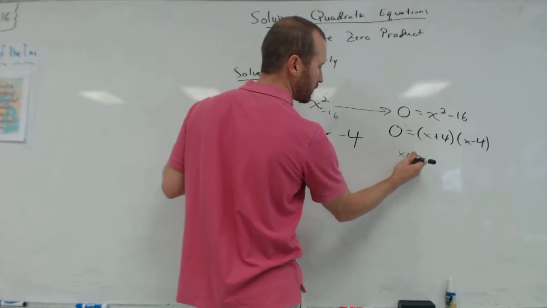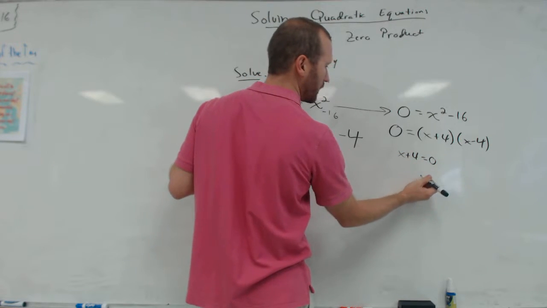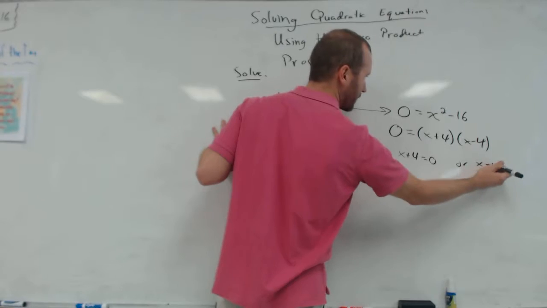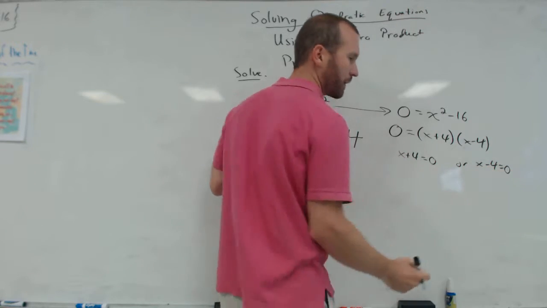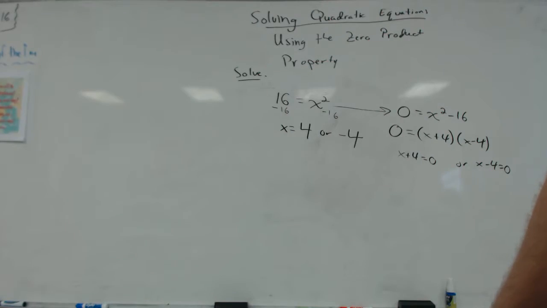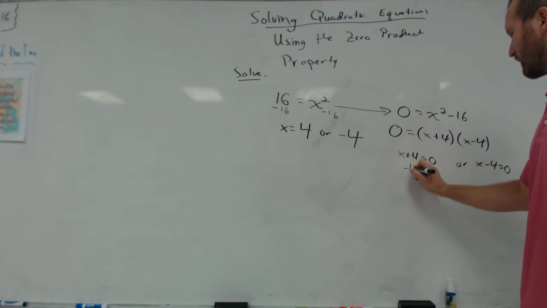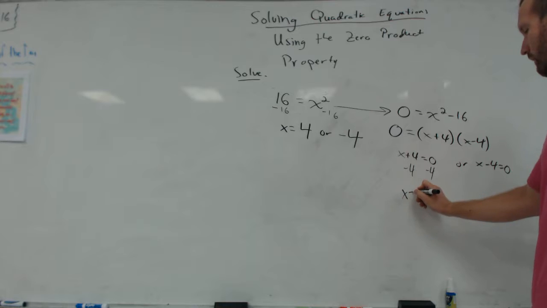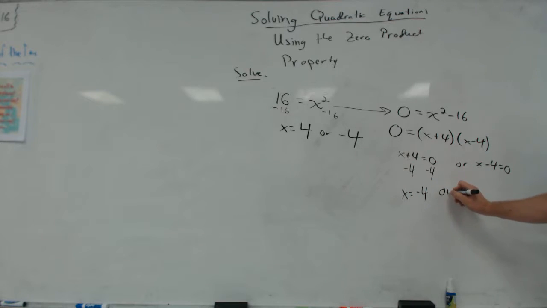So x plus 4 equals 0. Or, I'll write it like this time, x minus 4 equals 0. Subtract 4 from both sides, x would equal negative 4. Or, add 4 to both sides, x would equal positive 4.